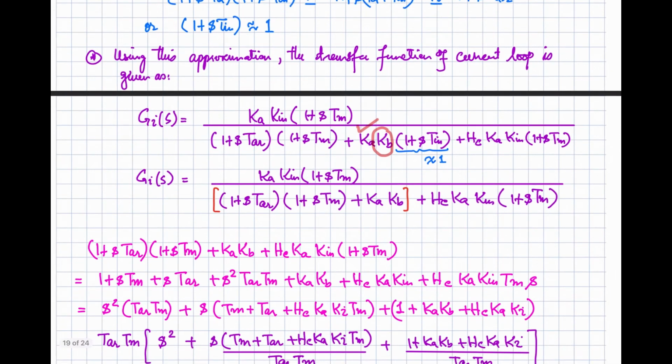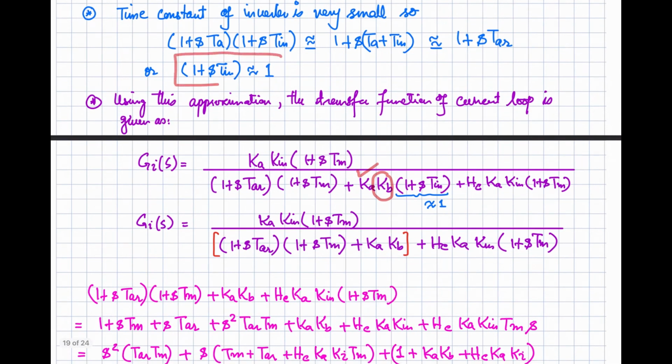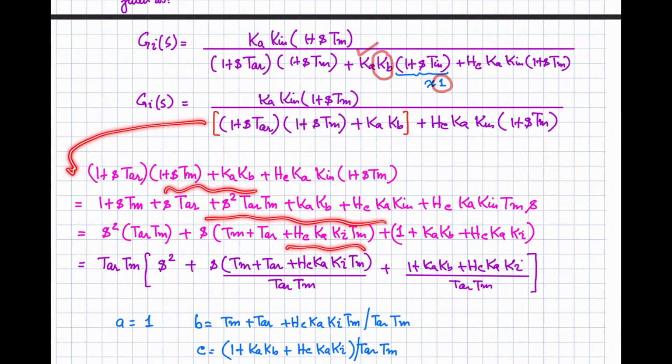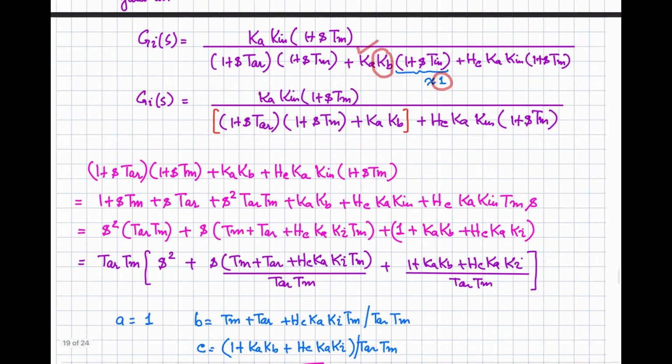Okay, now further it can be simplified by making another approximation that we have seen over here, that 1 plus sTn can be nearly considered equal to 1 because this time delay is very small. So we can apply this approximation and we can represent our transfer function like this. Now if I take the denominator over here and do some mathematical rearrangements, we can represent it in terms of the second order equation, that is the s square term, s term and the constant term.